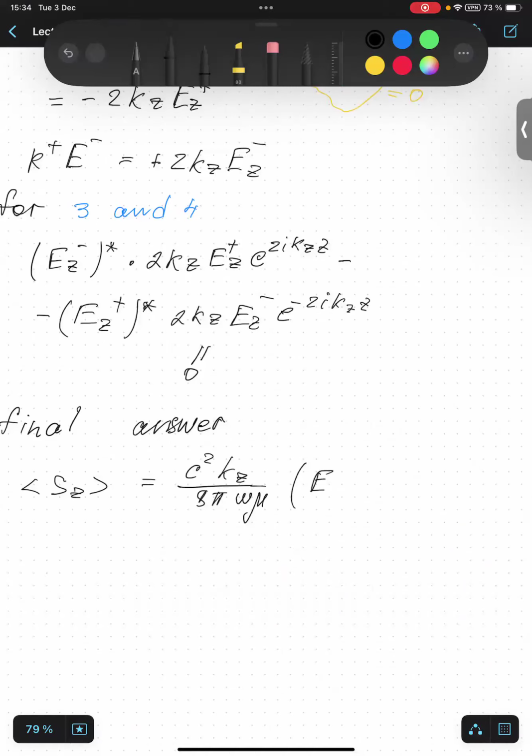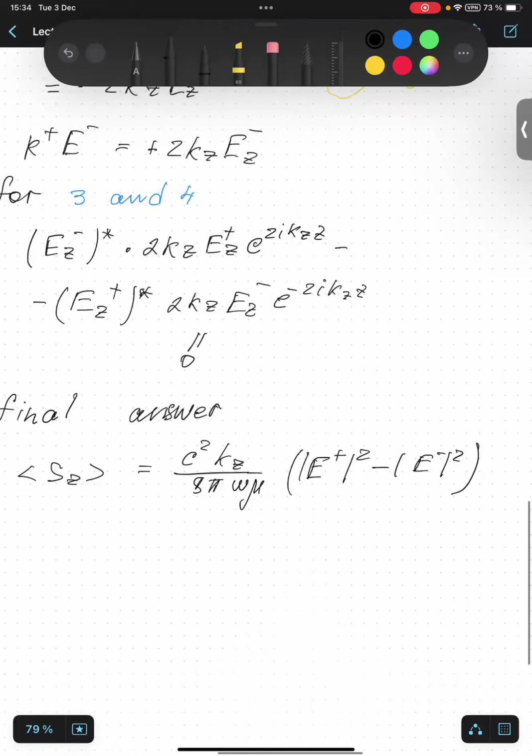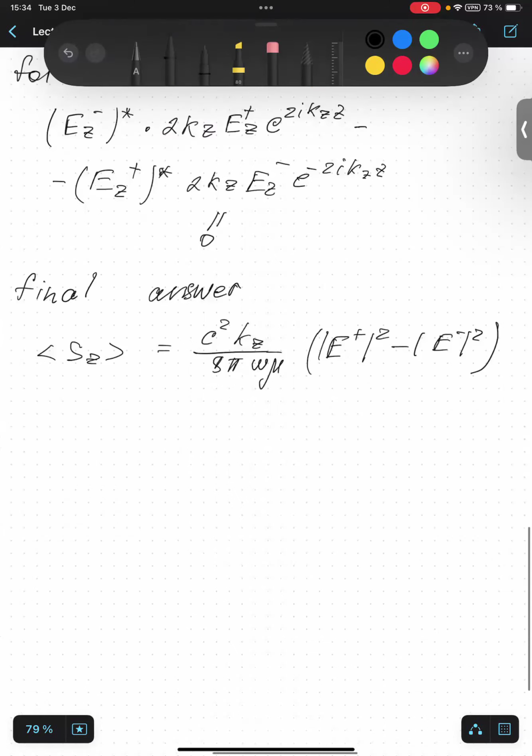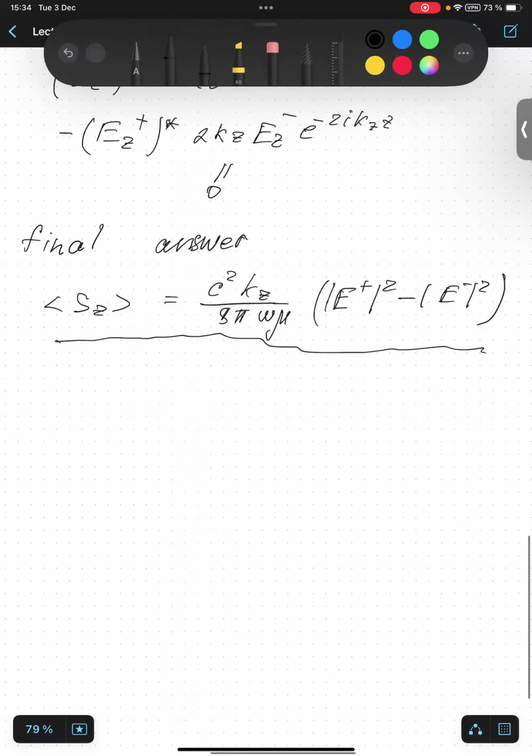E plus squared minus e minus squared. So this is quite a simple expression for Poynting vector in such a system.